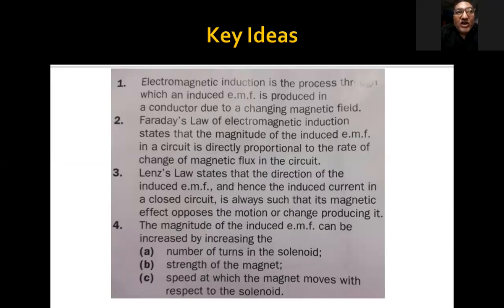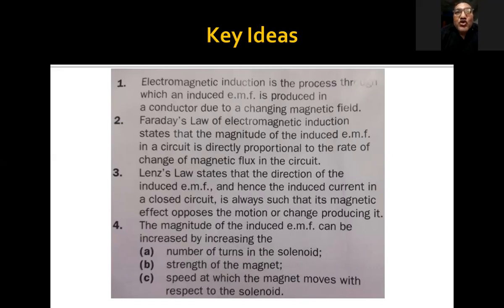Lenz's law states that the direction of the induced EMF, and hence the induced current in a closed circuit, is always such that its magnetic effect opposes the motion or change producing it.